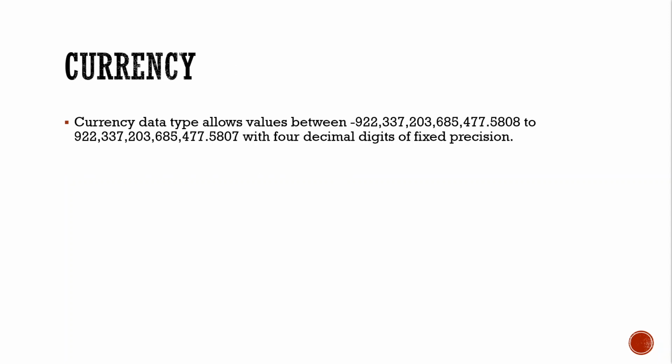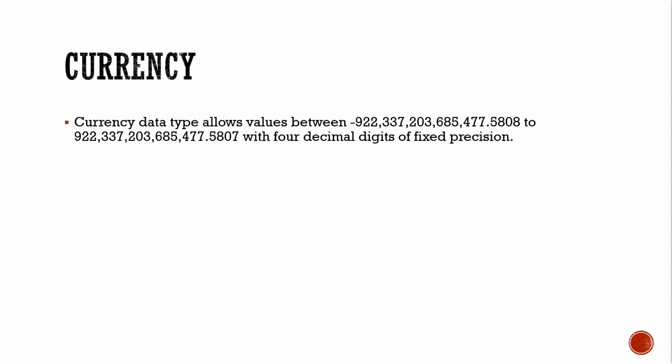Currency. This includes money. Okay, fixed decimal: Power BI is fixed to dollar currency, so that allows a digit from 922, as you can see on the screen, to a negative value of it, with a fixed 4 decimal places.